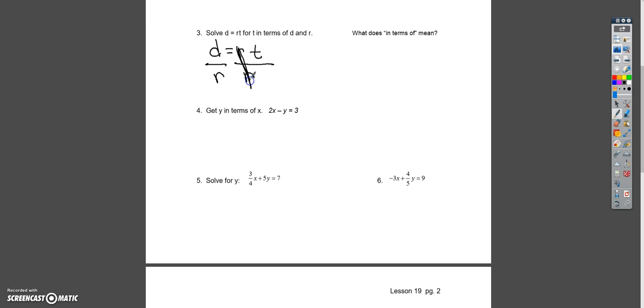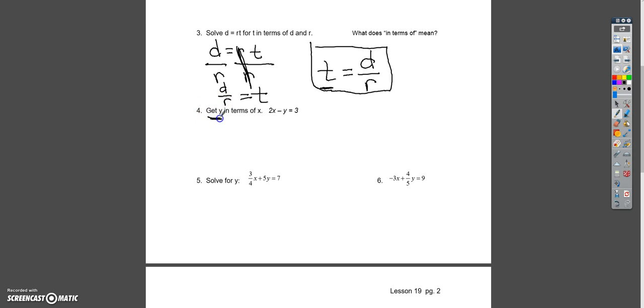So that goes away. We're left with t equals d divided by r. So that's solving for t in terms of d and r. And that's our answer. We can't do anything more to it.